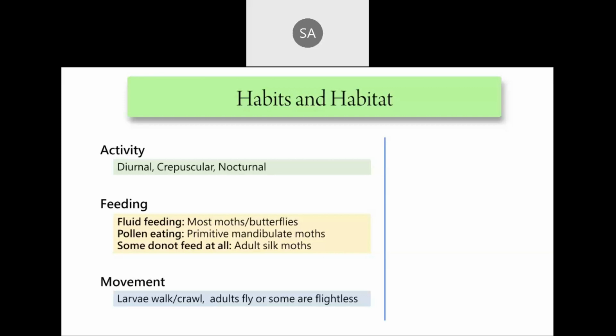Then there are many nocturnal moths that feed on night flowering plants. Then coming to feeding, there is fluid feeding. Most moths and butterflies are fluid feeding. Then pollen eating: primitive mandibulate moths, meaning very old primitive moths that have mandibles instead of a proboscis.